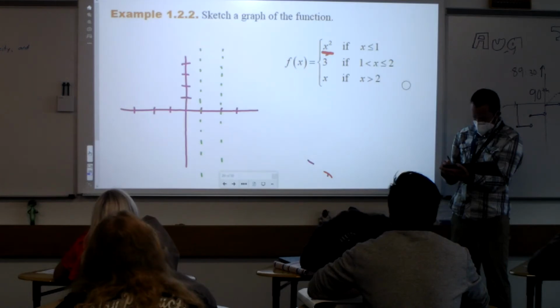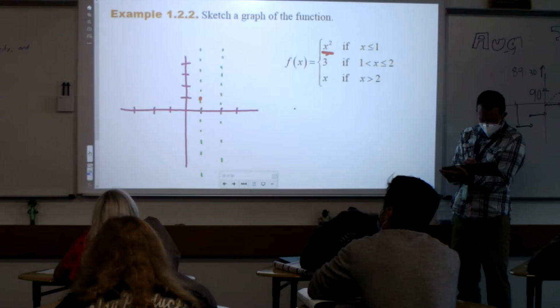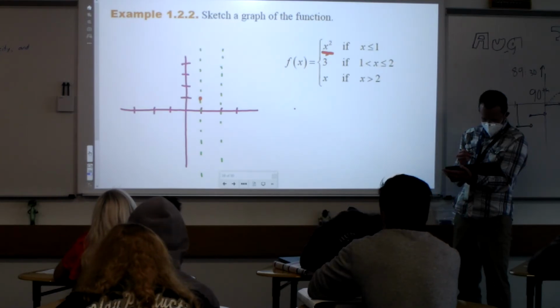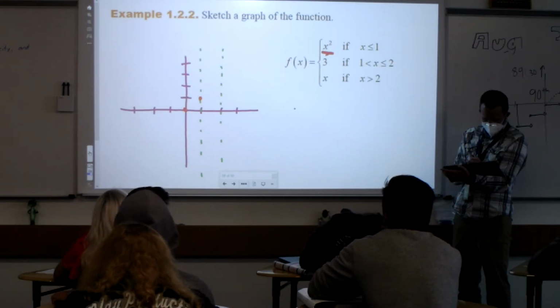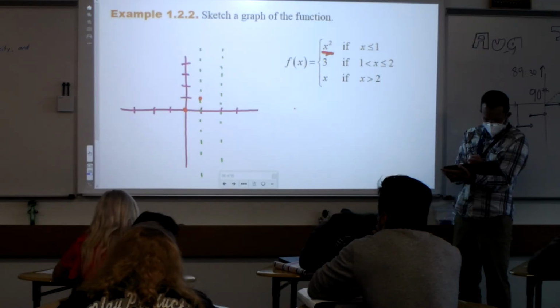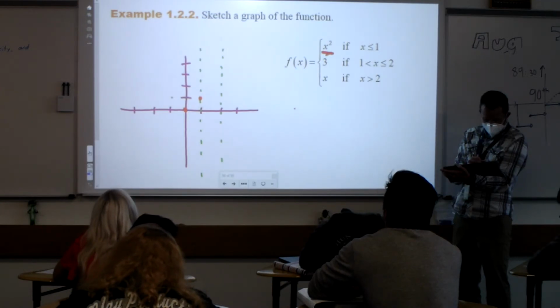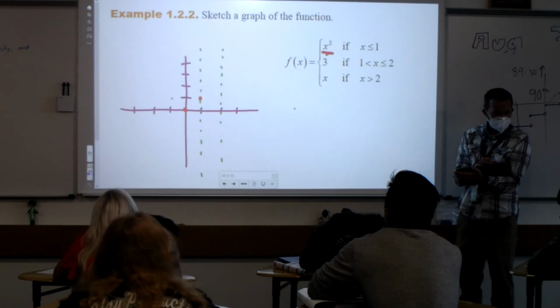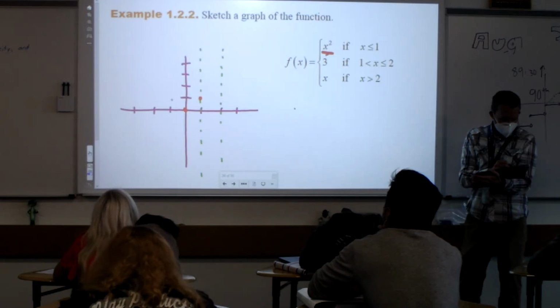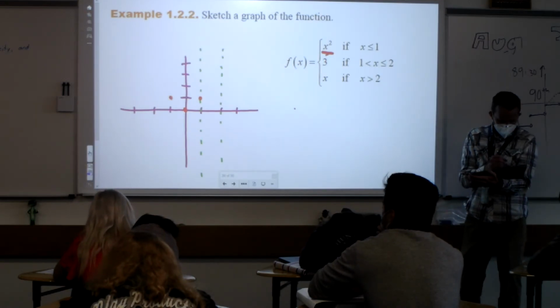So you said it's 1 when x is 1. What about at 0? Negative 1. Negative 1. What's negative 1 squared? Positive 1. What's negative 2 squared?